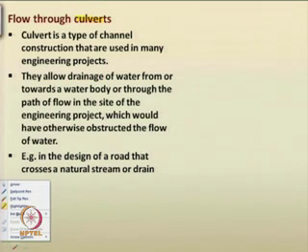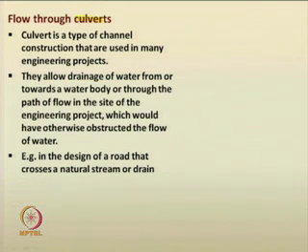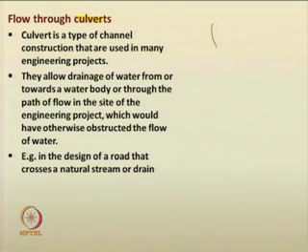If I just try to draw it for your benefit: if there is any natural drainage, small drainage or channel that is draining water from upstream to the downstream, and there is any particular engineering project that demands passing through this drainage, it is not advisable to block this natural drainage.